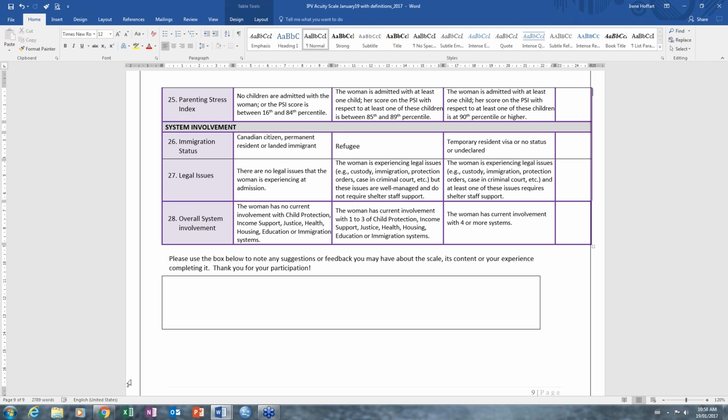So question 26, immigration status. Having an immigration status adds because you have to deal with the immigration system. If someone is a Canadian citizen or permanent resident or a landed immigrant, that's a score of 0. Now, let me just say right away that it's very similar to what we talked about regarding being on reserve.